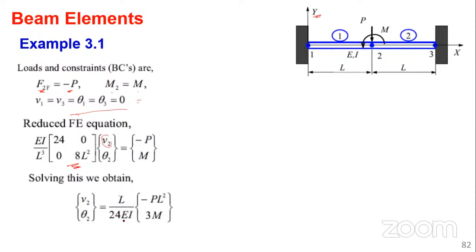Of course, we are writing this in matrix form. This tells you that V2 is equal to minus PL cubed over 24 EI, and theta 2 is equal to 3 ML over 2 EI, 24 EI. Okay, it's only that we are writing it in matrix form.